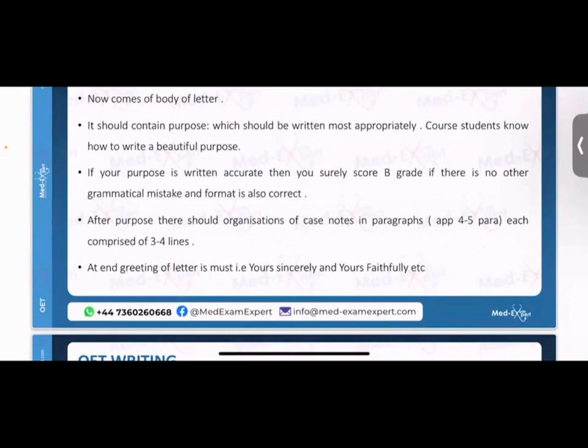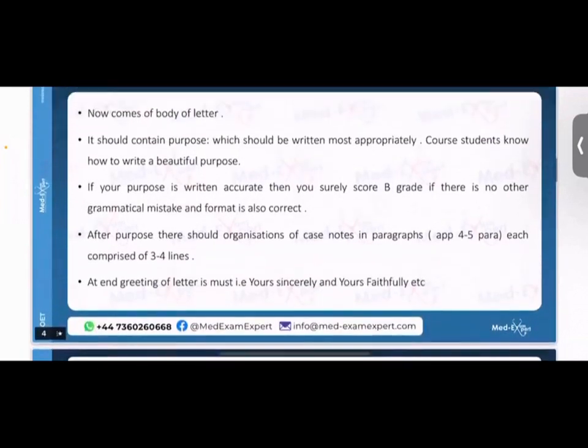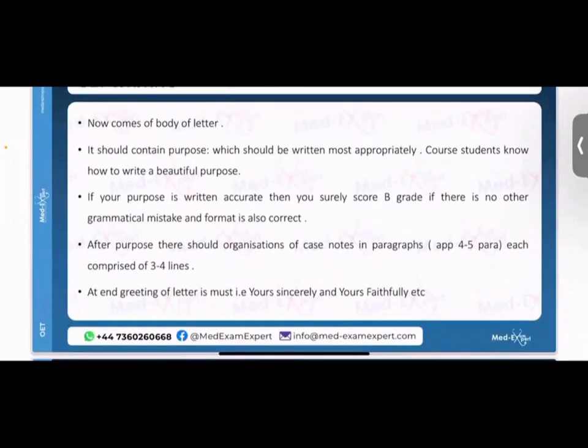So if you think that you have not done well in the rest of the letter, but you are pretty sure that your purpose is very good, there are chances you can get grade B. By this statement, you can get an idea of how significant the purpose is: even if you are not performing very well in the rest of the letter, but your purpose is excellent, you are still standing at level B.